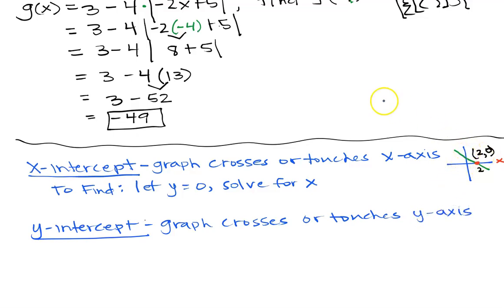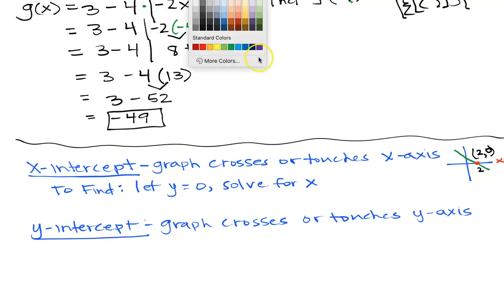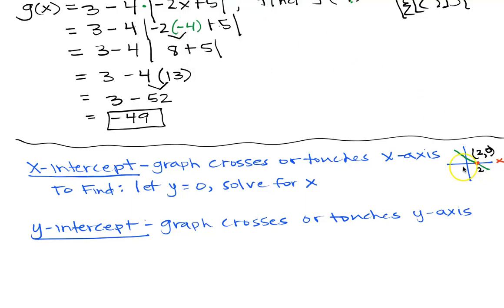Okay, so again, if we looked at this picture up here that we have, and maybe we get a different color here, maybe orange. Okay, and so if I'm looking right here, that is where it is crossing the y-axis. And so that would be my y-intercept.